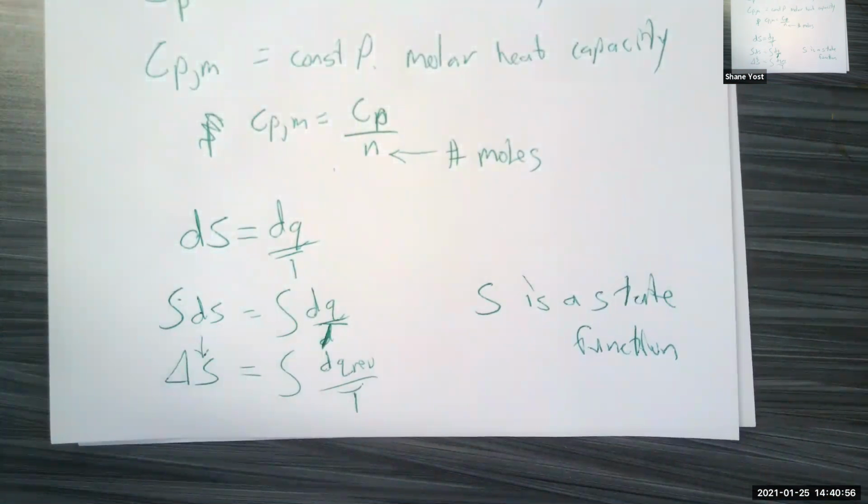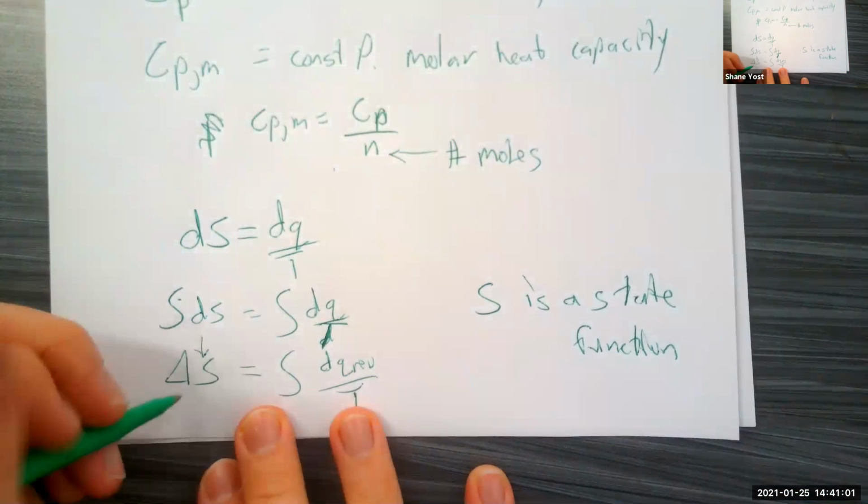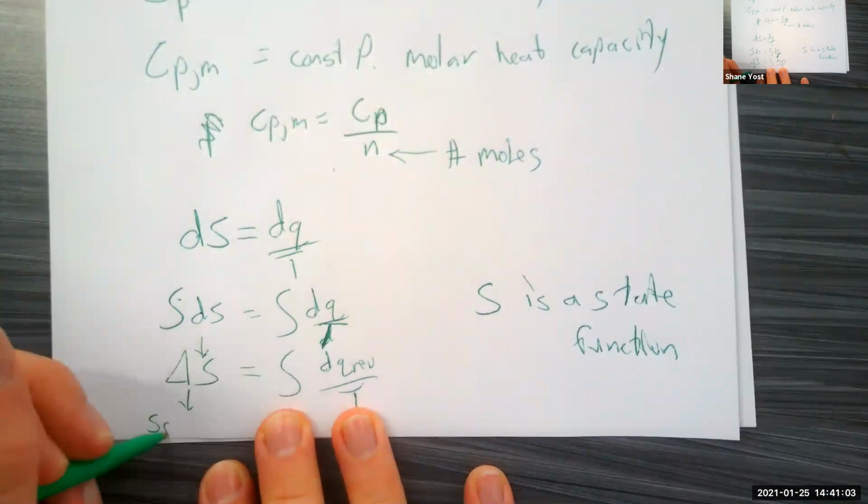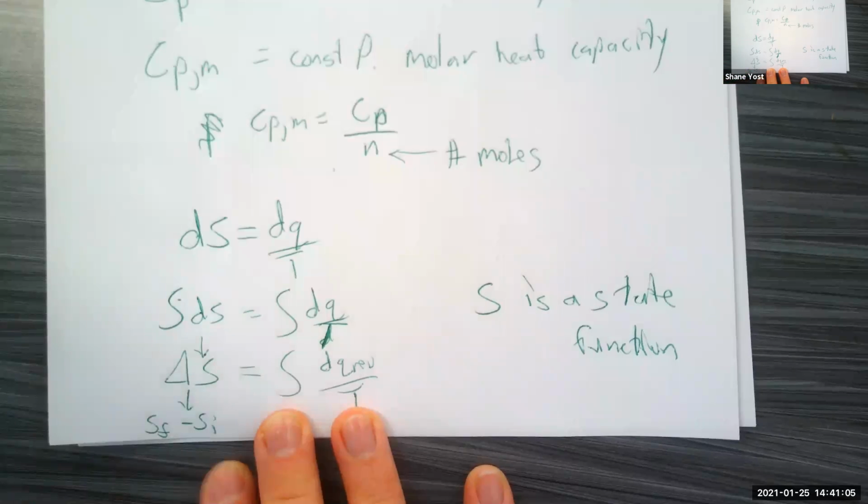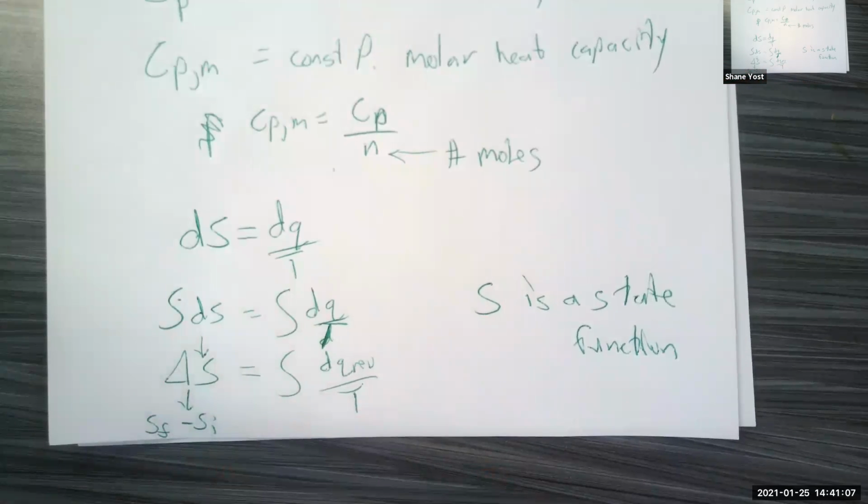I know the change only depends on the initial and final state, where delta S is S final minus S initial. And so that's how I get the delta S version of things from that dS.